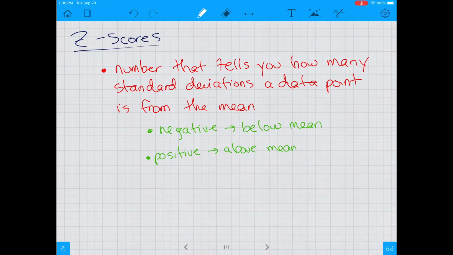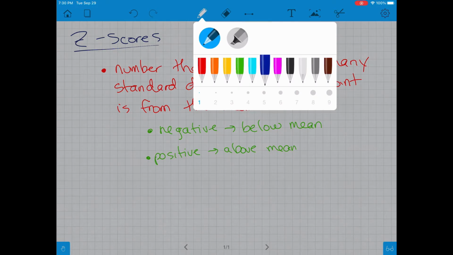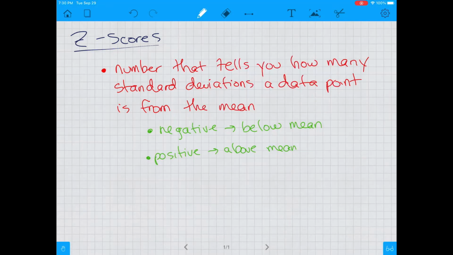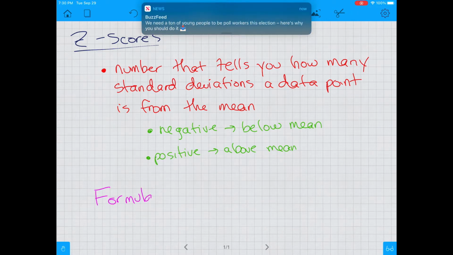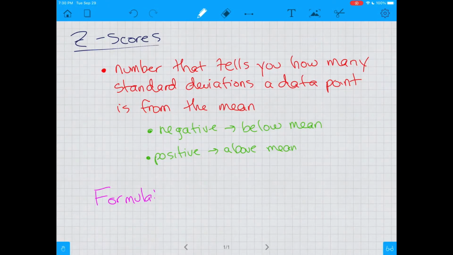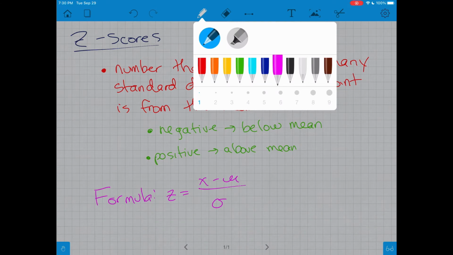Now, the next very important thing that we get to is what is the actual formula? And it's just about as straightforward as it sounds. So your formula here, we'll do this in pink, is Z equals, now as silly as this sounds, x minus mu over sigma. Now, a couple of things that are important here.